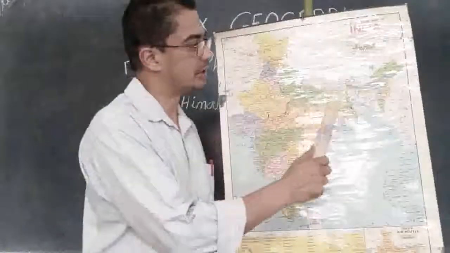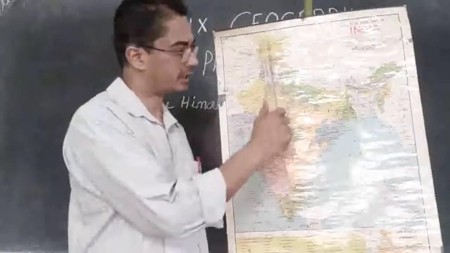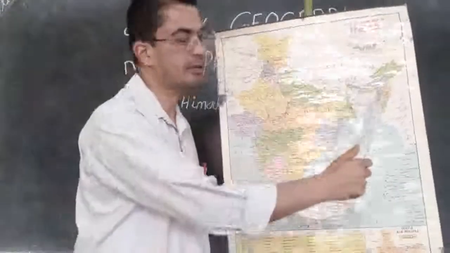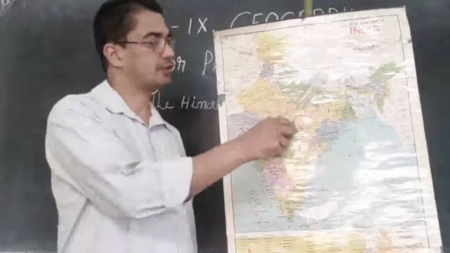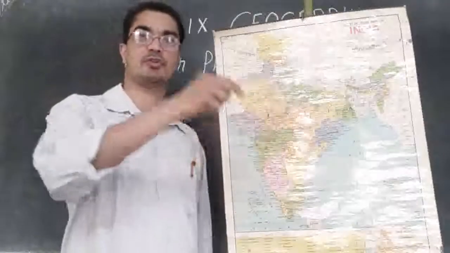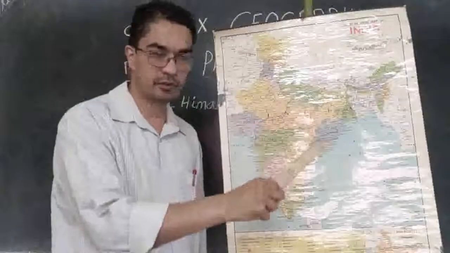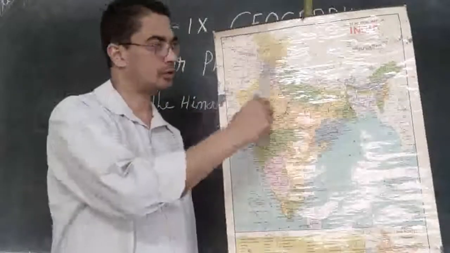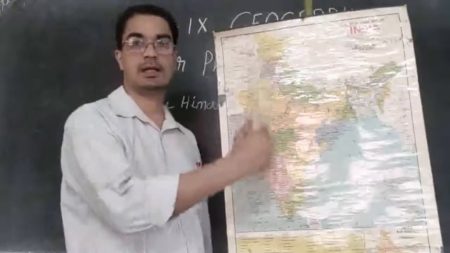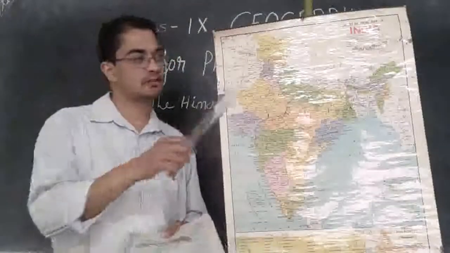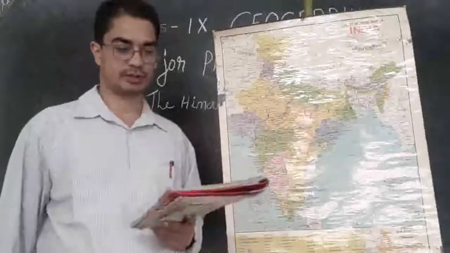One range is there, then below that another range, then below that again another range. The first or northernmost range will be the highest, the second one a little lower, and the third one lower again. So the Himalayan mountains are in 3 ranges.